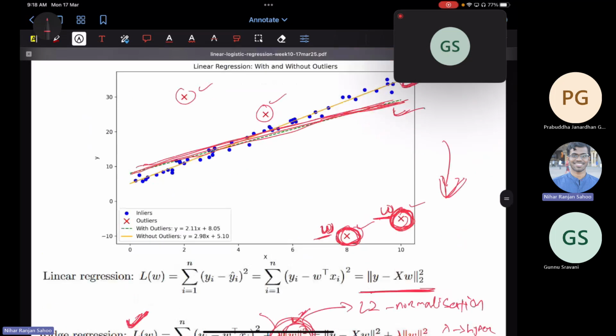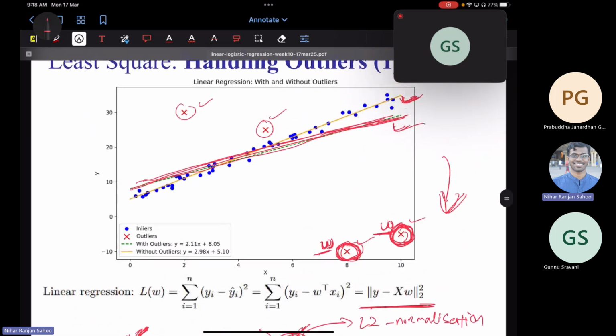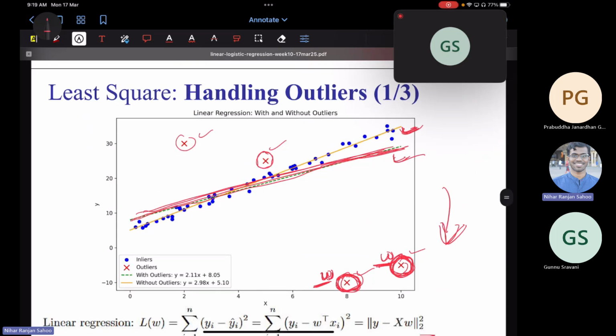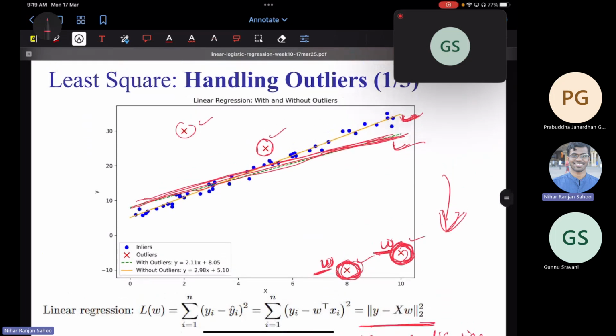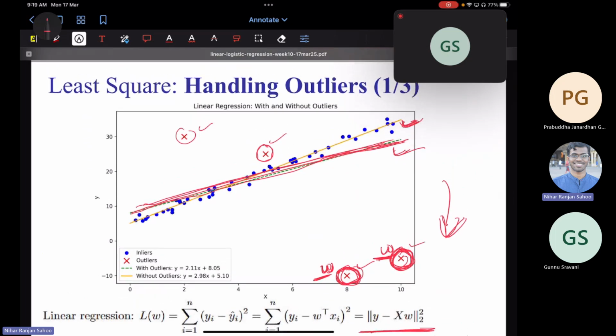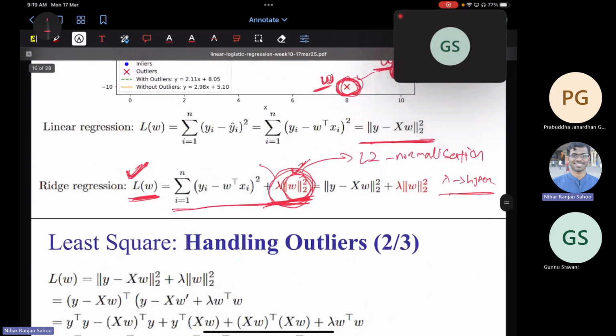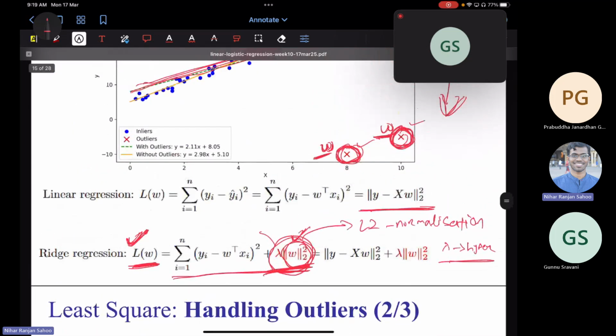The outliers are there, but they control the growth of W so that the W value for these outliers will be insignificant. There are approaches to get rid of those points completely, consider only these blue points and draw the best fit line, but ridge regression or any modification to linear regression doesn't do that explicitly.